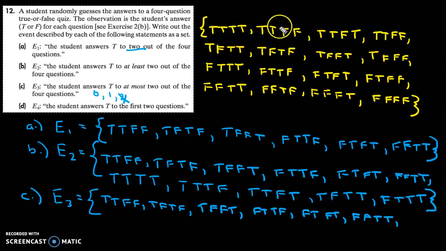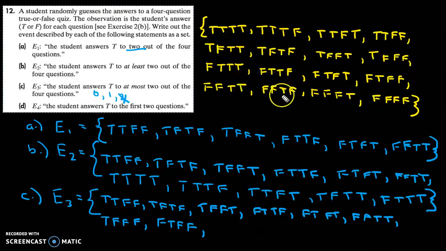So this one has 4, that one has 3, that one has 3, this one has 2, so it's already on the list. That one has 3, 2, so we're looking for the 0 and 1 ones. Oh, here's one that has just 1 true, so true and 3 falses. That one's got too many. That one has 2, so it's already on the list. Here's another one that only has 1, so false, true, false, false.